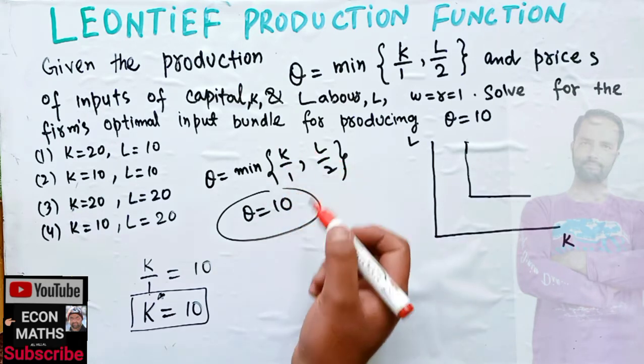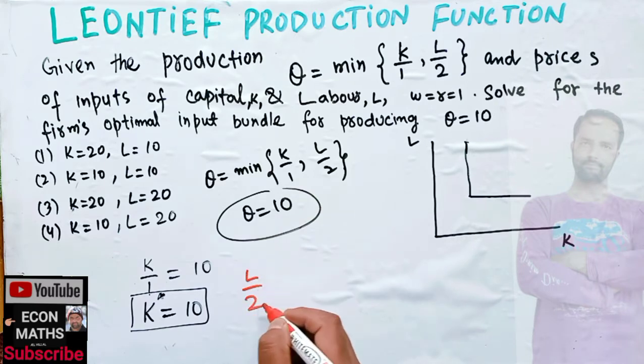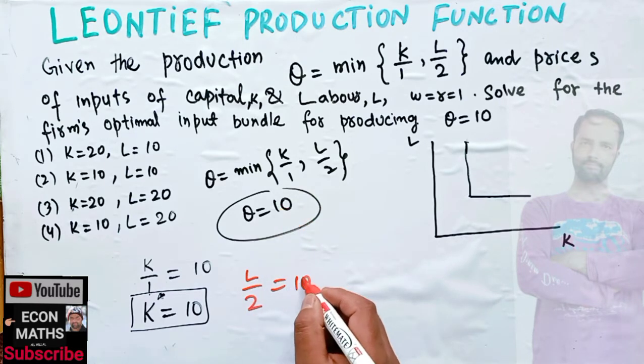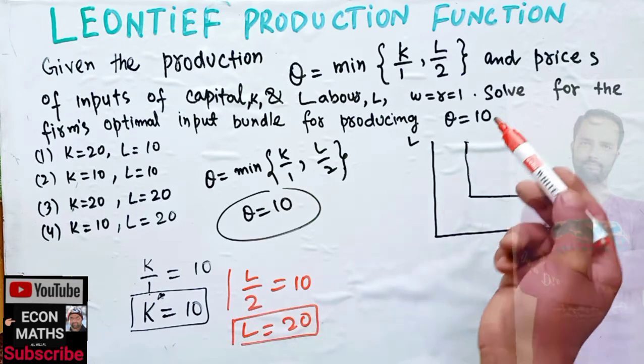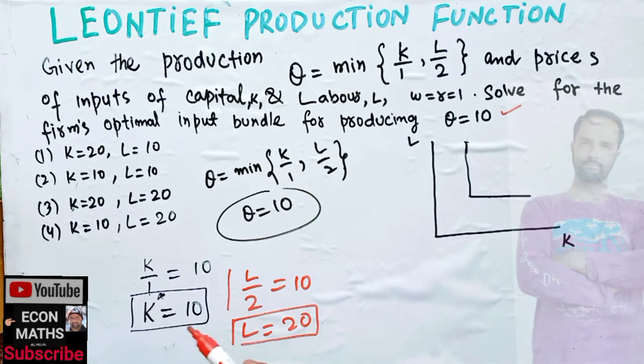And similarly, we equate L upon 2 with this 10. So when we solve this, L is equal to 2 tens are 20. That means to produce 10 units of output, we need 10 units of capital and 20 units of labor.